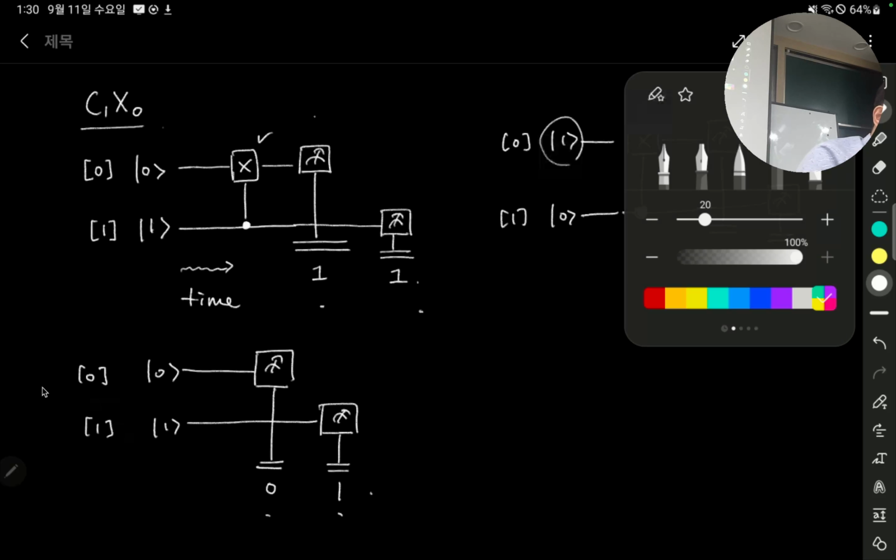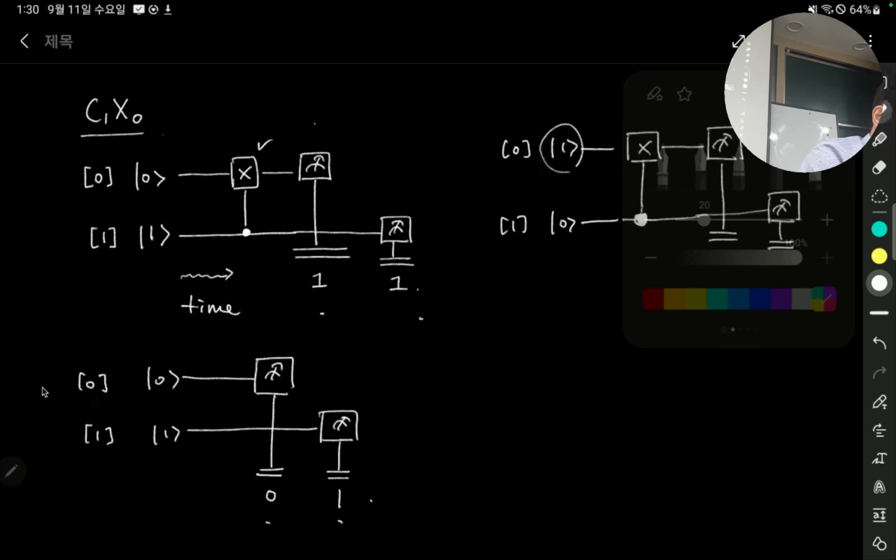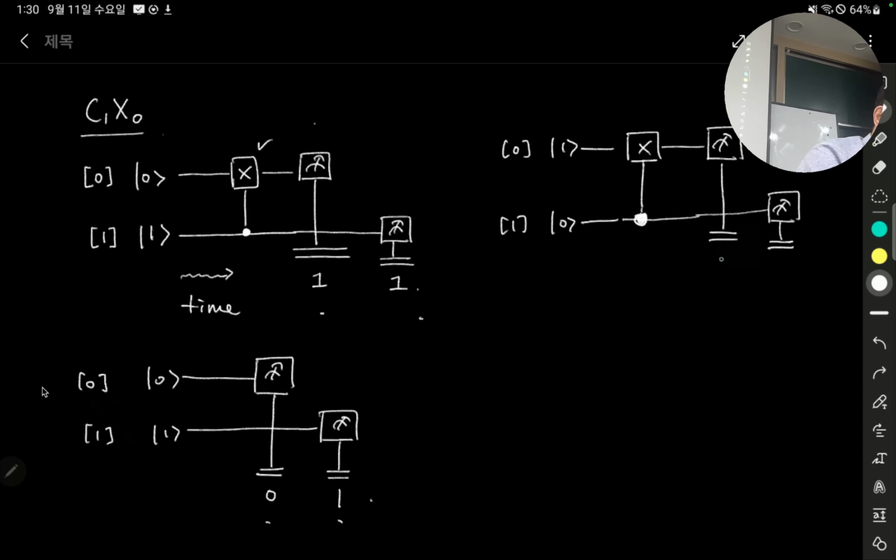Therefore, if you read the quantum state of the qubit 0, it's still 1, right? And it's 0, because you don't do anything on the control gate. So the state is always the same. In this case, the control gate is in the cat 0 state, so the target qubit is not changed at all. So it's still 1, 0.